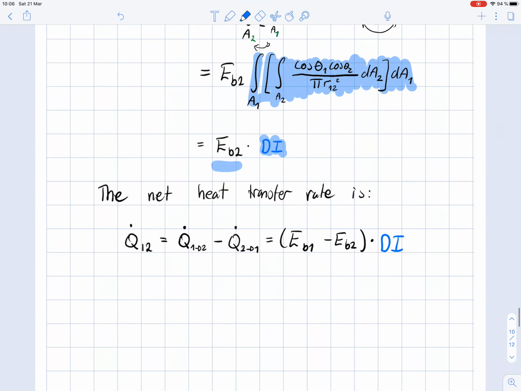So the next point is to compute the net heat transfer rate, and note again that this 1, 2 sort of means the net heat transfer rate. This notation is used in the compendium. We compress it to 1, 2. So the net heat transfer rate between the surfaces equals the difference between the heat transfer rate from 1 to 2 and from 2 to 1.